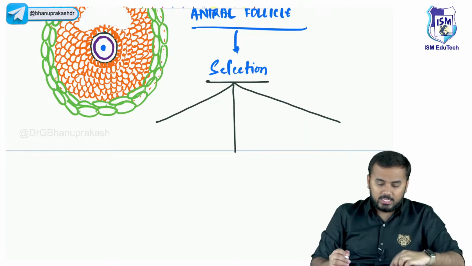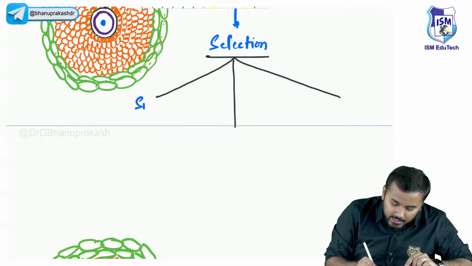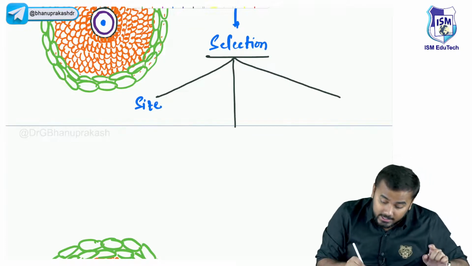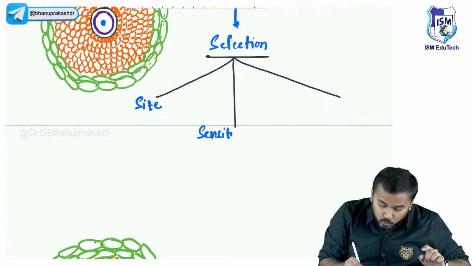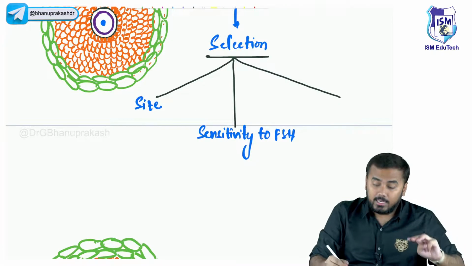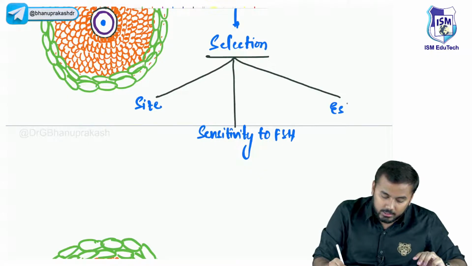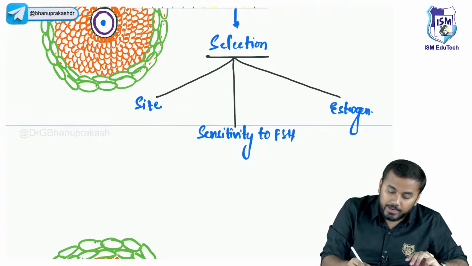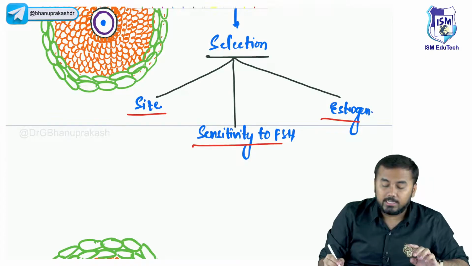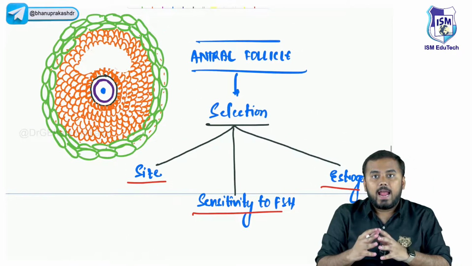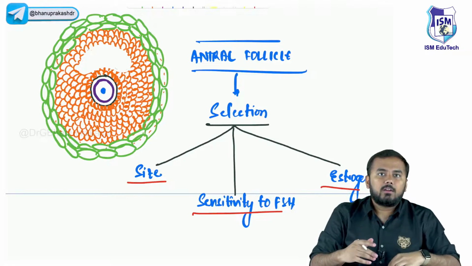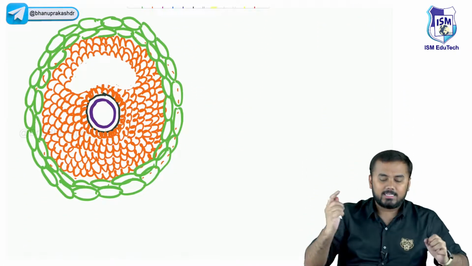So it decides based upon the size, the sensitivity to FSH, and the estrogen. Based upon all these three important things, you select the antral follicles. Out of all these antral follicles, one antral follicle is selected.